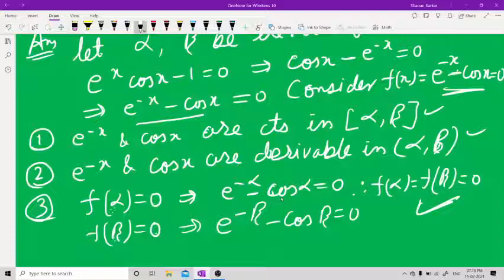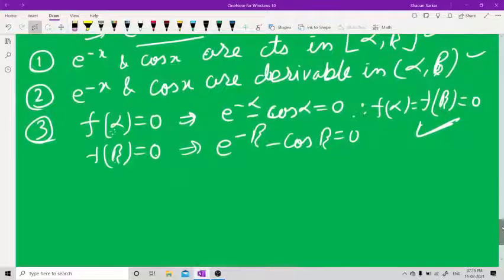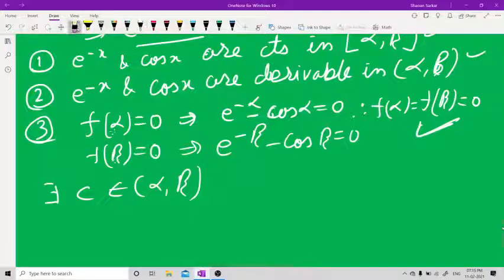Now therefore there exists a c belonging to alpha comma beta, or let's write it gamma, between alpha and beta such that f dash gamma is 0.